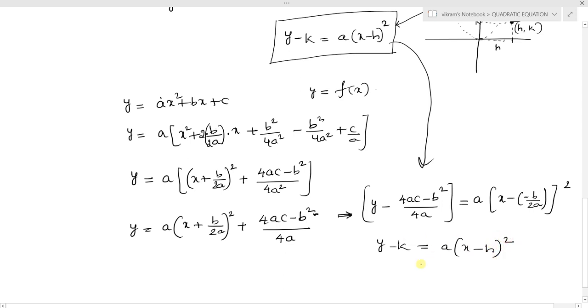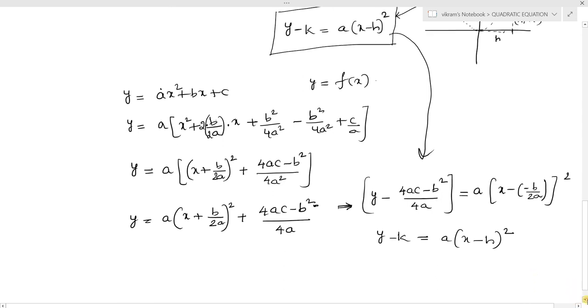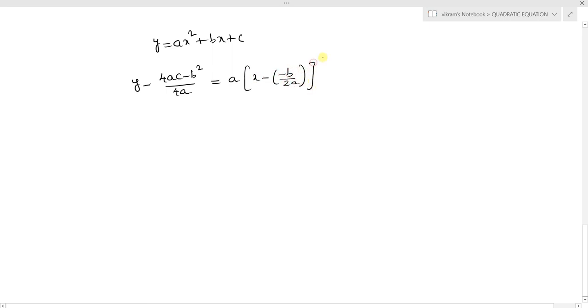That means the resultant of the quadratic equation ax square plus bx plus c equals 0 is nothing but a parabola. y equals ax square plus bx plus c, which we wrote as y minus (4ac minus b square) by 4a equals a times (x minus of minus b by 2a) whole square.